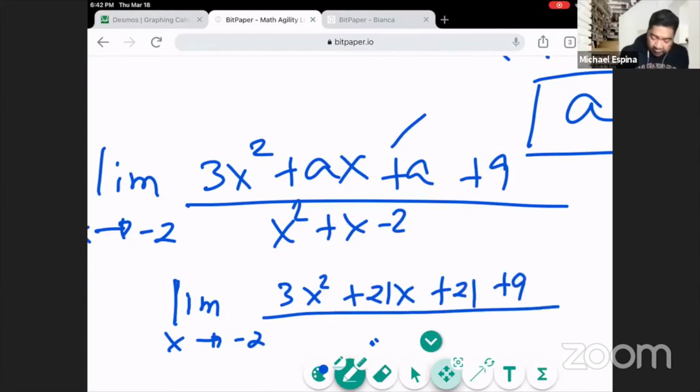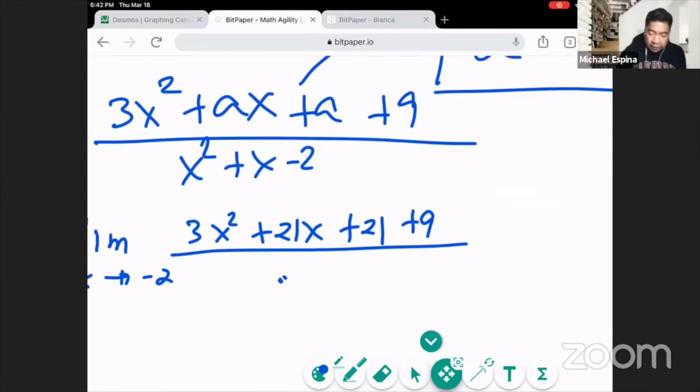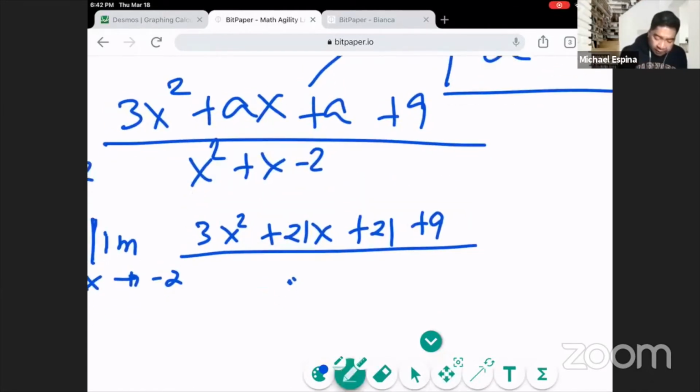And then we can actually get the, what do you call this? The factor of x squared plus x minus 2 would be, since we already factored it out, x plus 2 over x minus 2.